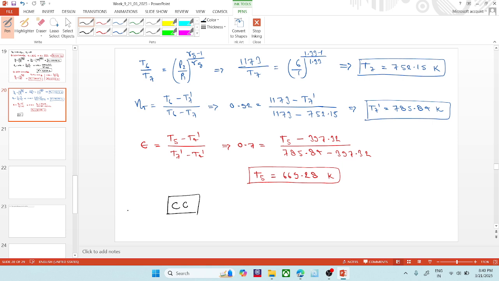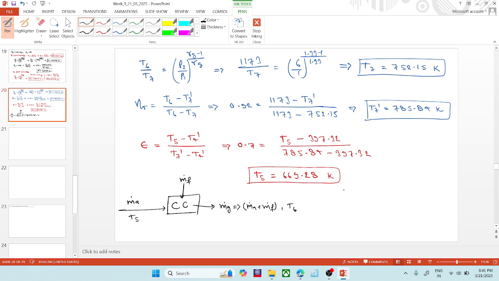From here, the mass flow rate of air is coming, m dot A, and from here the mass flow rate of fuel is coming, m dot F, and from here m dot G is leaving, which is essentially the summation of m dot A plus m dot F. This is at temperature T6, this is at temperature T5.